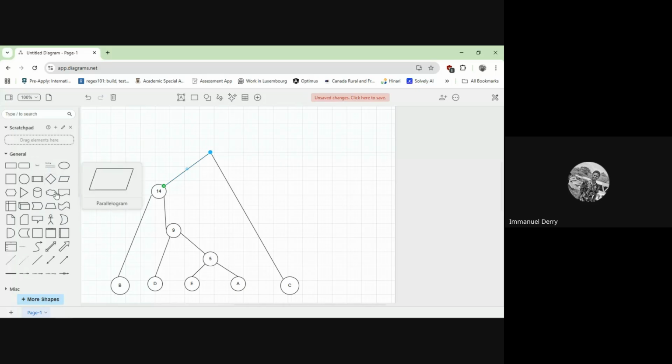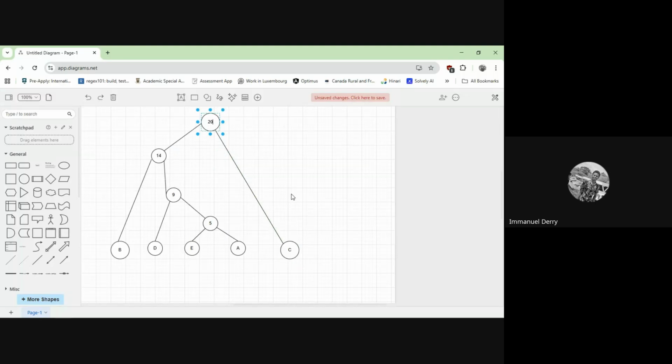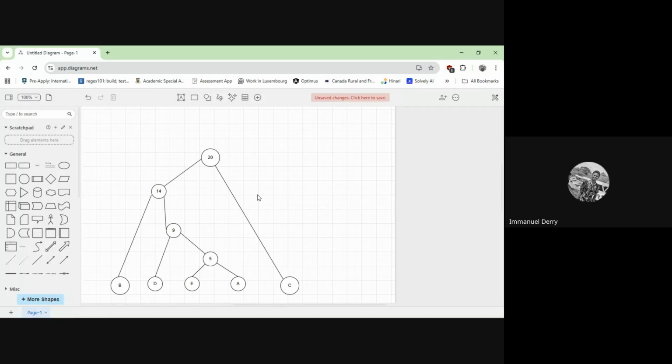Please, the diagram is not drawn to scale, right? So then it will be 20. All right, so this is what we have for the Huffman tree. Did you understand how it's being built?